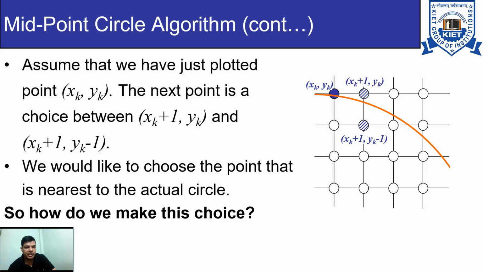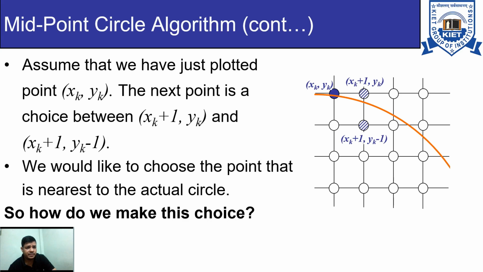That means we are assuming that the center of the circle is at the origin, and whenever the center of the circle is at the origin, you can think of this point as 0 comma r, where the value of xk is 0 and the value of yk is r, and r is the radius of the circle.